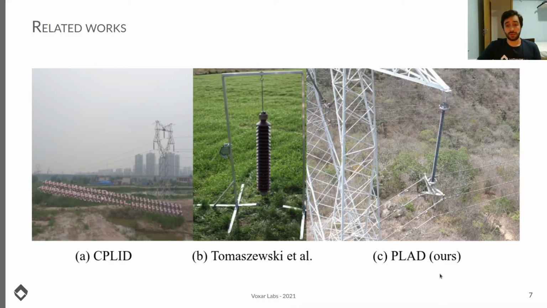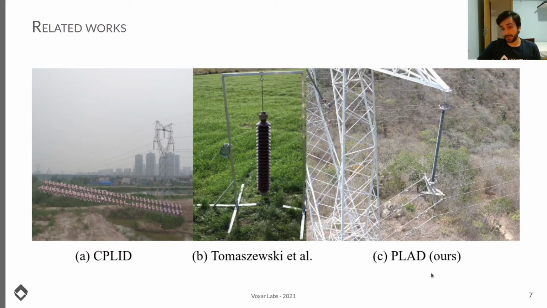Today, besides our dataset, there are only two other public power line assets datasets, which are the one on the left and the one in the middle. They only have one type of asset, which is insulator, and they're not necessarily inserted in a real power line background, as you can see.